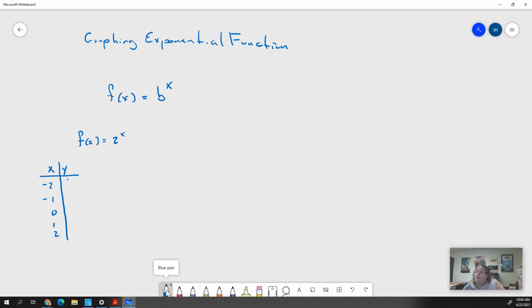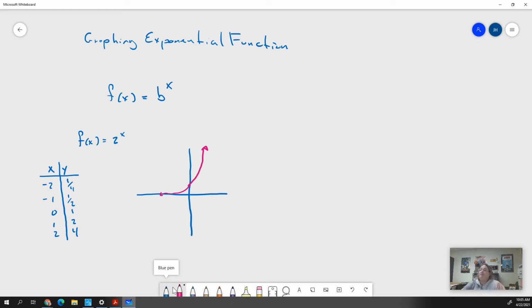Here I had like 1/4, 1/2, 1, 2, and 4, and these were the values I got. And when I graphed it, it looked something like this, with the graph going closer and closer here but never actually touching it, and then coming up on this side, where it was going to go on forever.